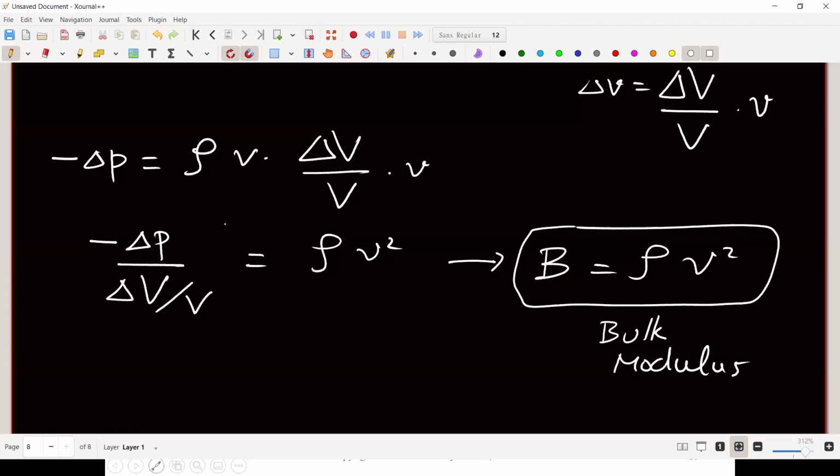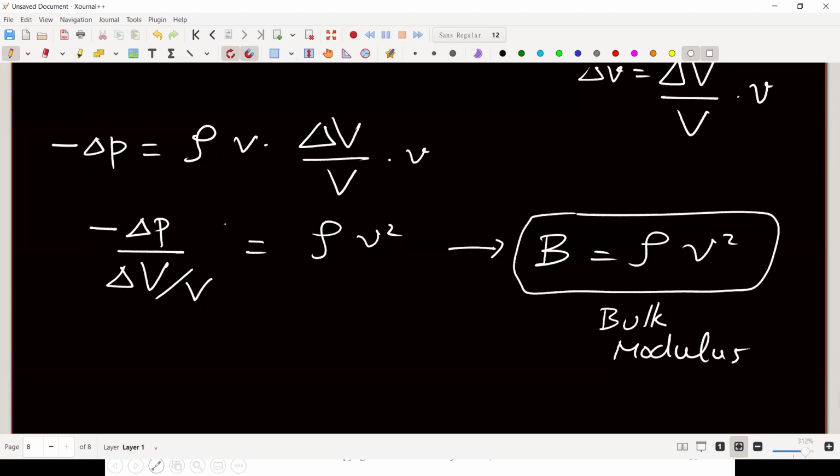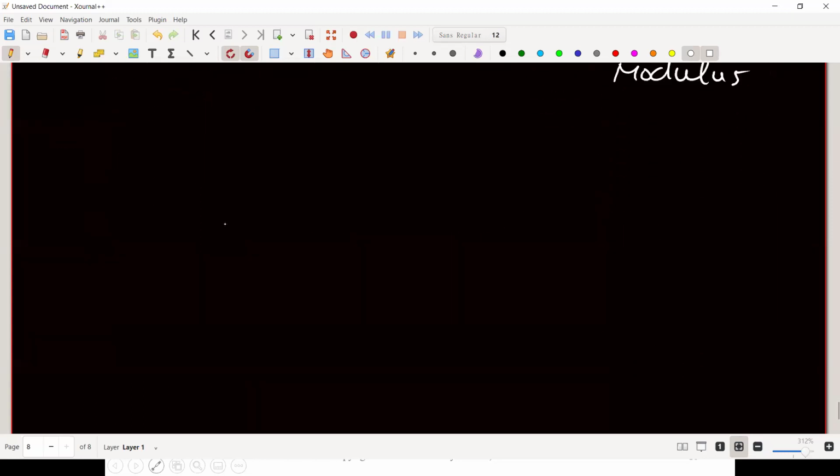Okay, and then next is the speed of sound depends on the temperature. Okay, so we can use the speed of sound depending on the temperature.